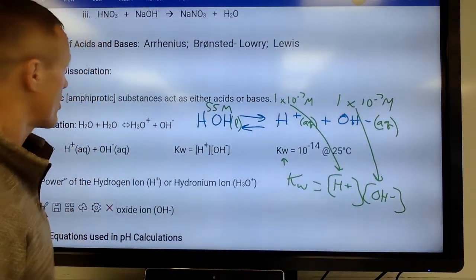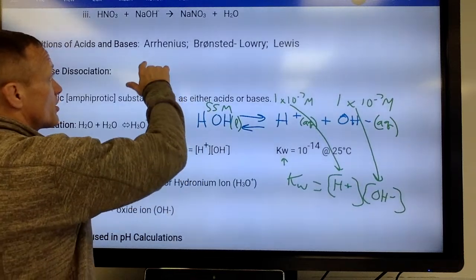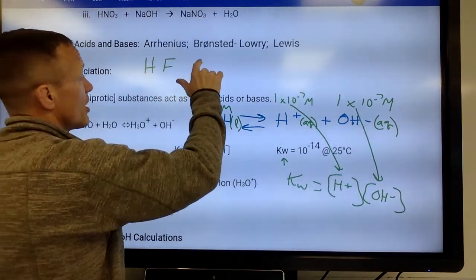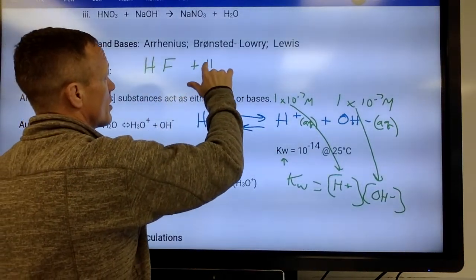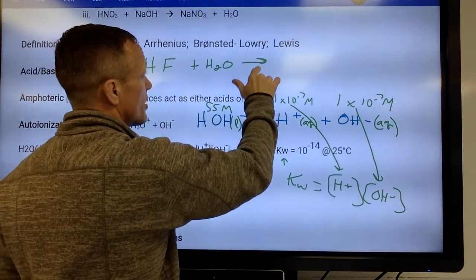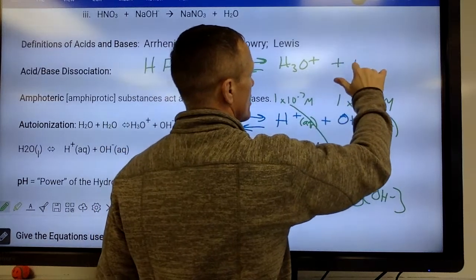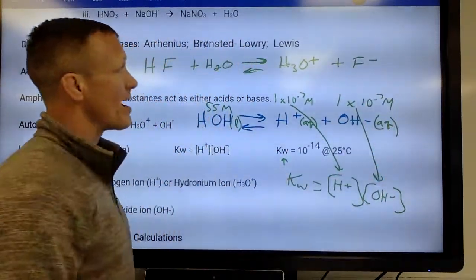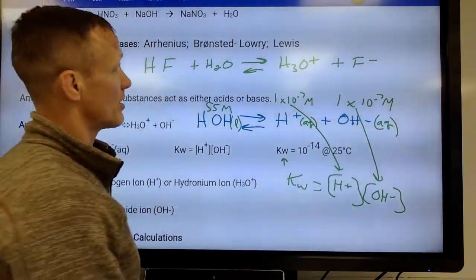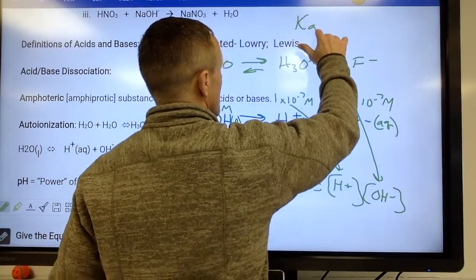I should talk a little bit about our K expression. Let's say we had that HF before, where I showed HF in water making hydronium ions or H plus ions. So if we were writing our K expression for this, it'd be called Ka because this is an acid.